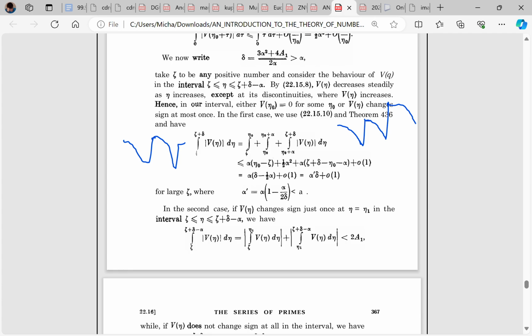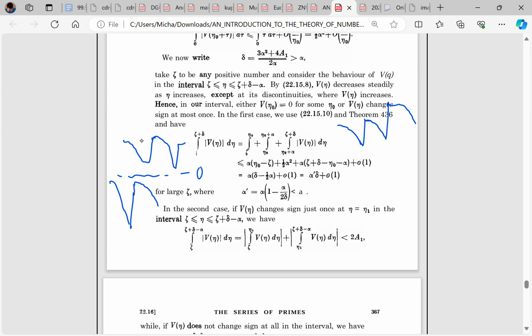So in that case, it doesn't change sign at all. So what if it starts below 0? It could also be below 0, I guess, and then jump up. So that's the 0 line, let's say. And if it doesn't jump up to above 0, it's not going to change sign.